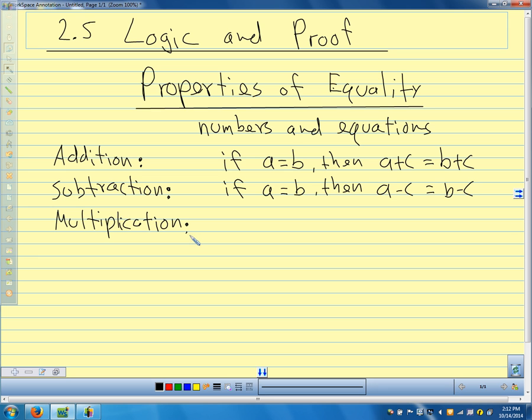The multiplication property. If A equals B, then AC equals BC. I can multiply both sides of the equation by the same thing.